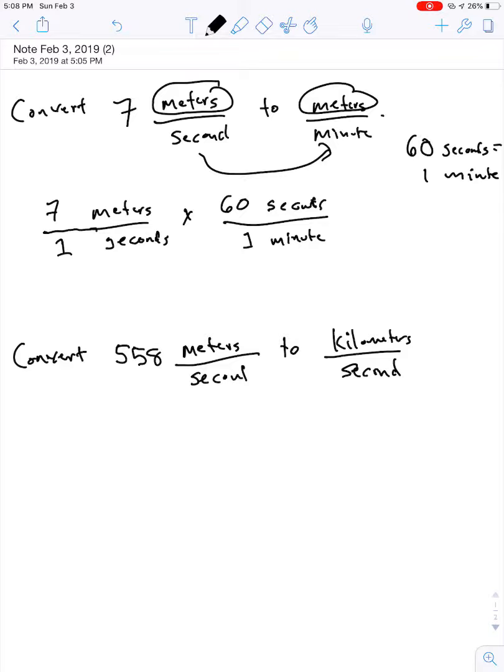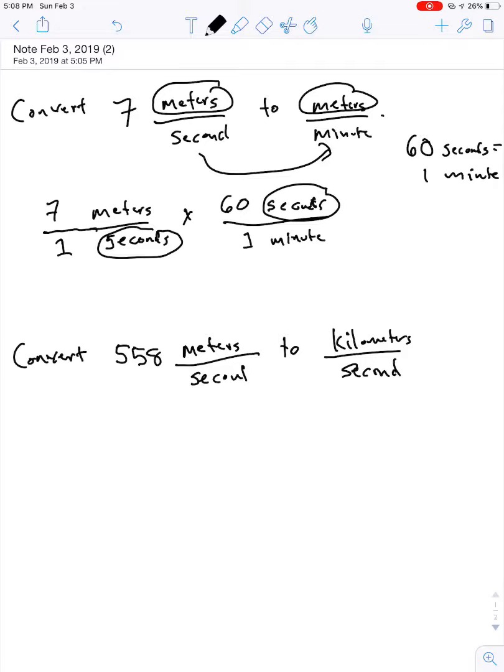Now the thing that is most important when it comes to this is if I am first given seconds on bottom, I need to write out seconds on top in order to get them to cancel. I'm going to say that again because this is the key to the whole process with unit conversion.